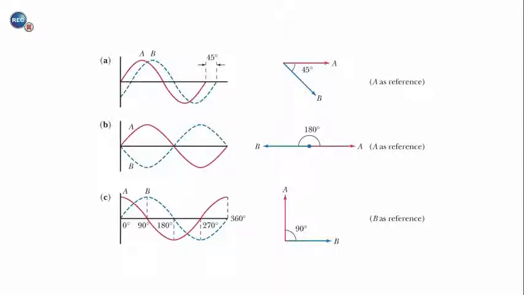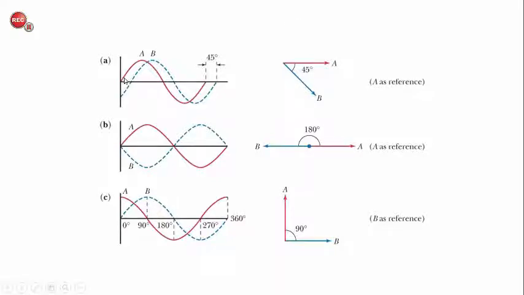And eventually, if these continue to rotate, B will be passing up where A was before, but A will be 45 degrees ahead. And so we see that A will reach its maximum value first. And so A will be at its maximum value when it's moving straight from the right to the left at the maximum value up here as it continues to rotate. At that time, B will be behind. It will come up to its maximum point sometime later.